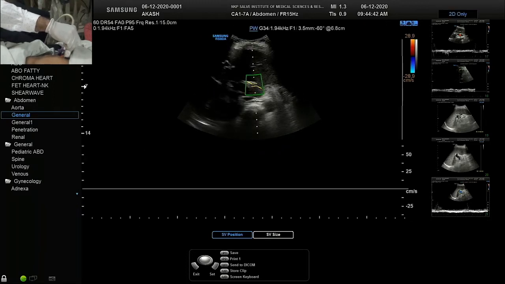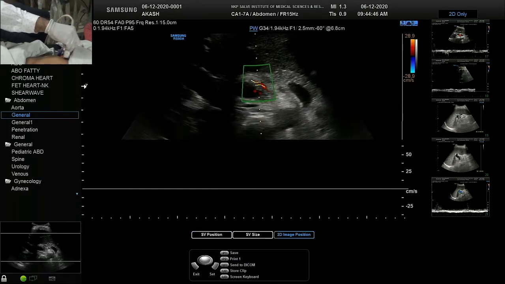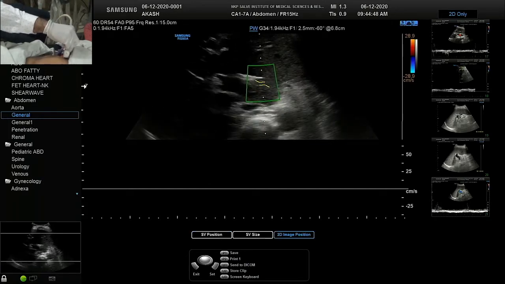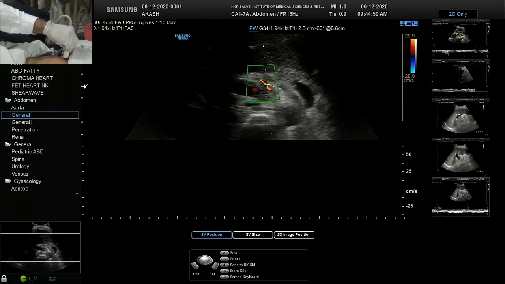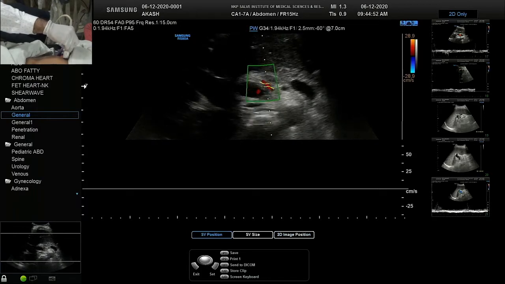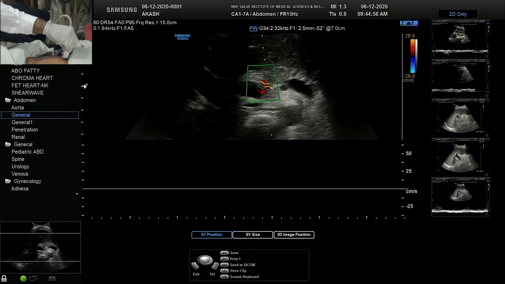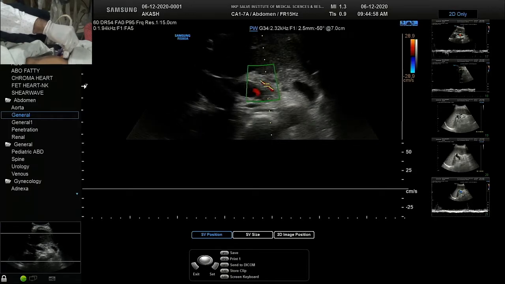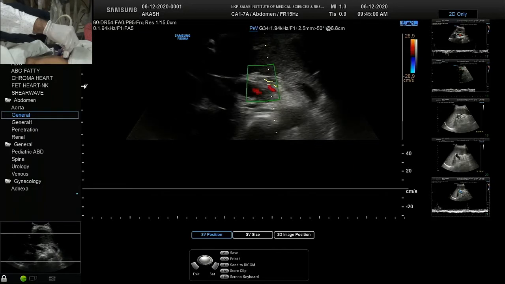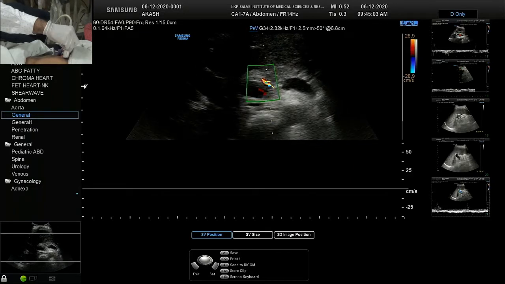We'll reduce the sample size as the artery is smaller in caliber. We can magnify the image so that we see that artery better. Adjust the sample gate, make an angle correction before. All these things you should do before putting in a spectrum so that the examination time is reduced and you get correct information.